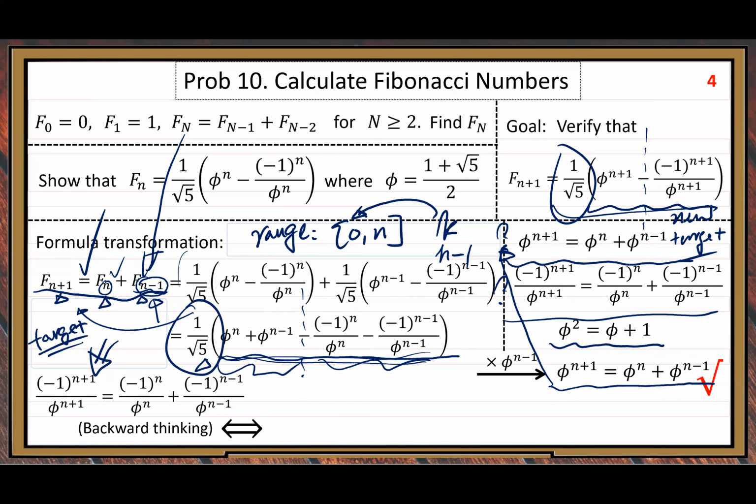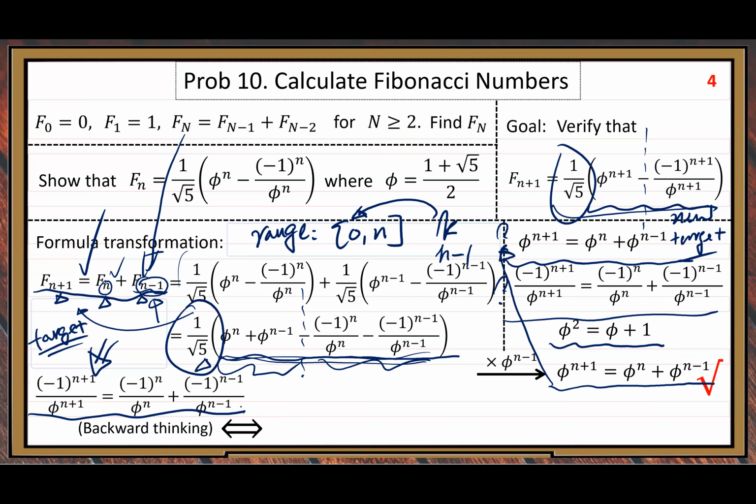Backward thinking means we assume we already have this target. We start our deduction from our goal, from the end point. That's our starting point.